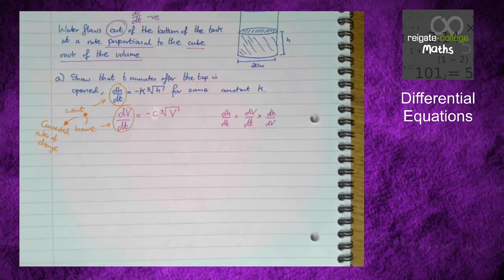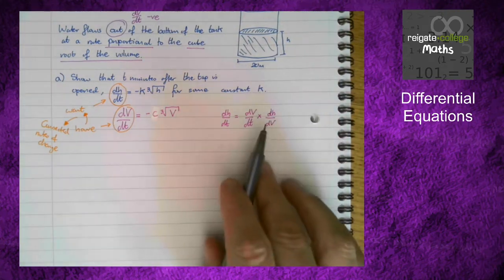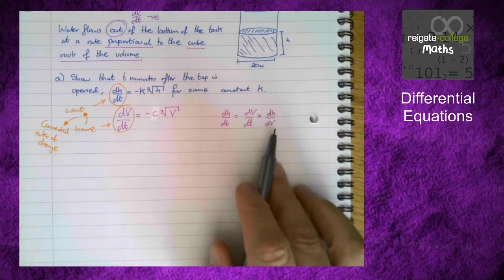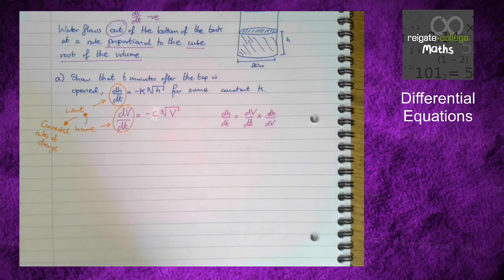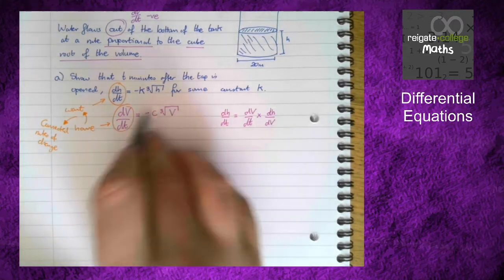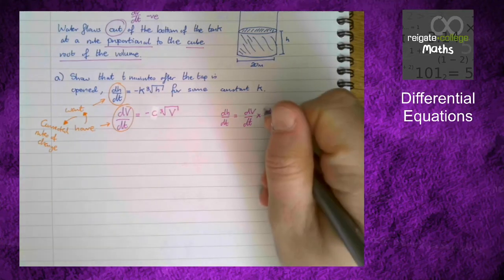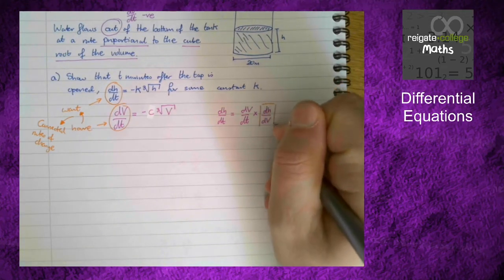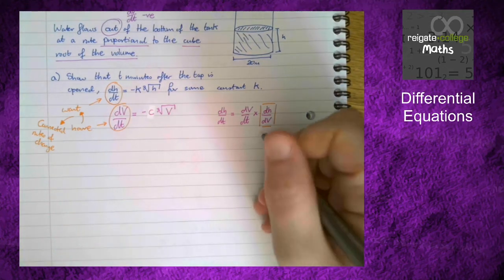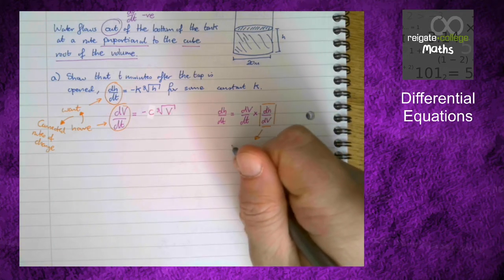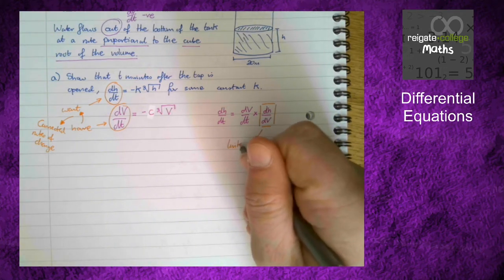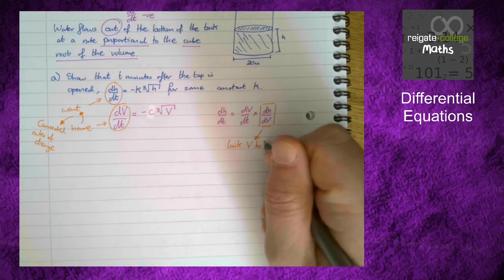We're going to times it by dh by dv. So this is step one, is writing this. We now need to find this bit here. So we need an equation that links v to h.